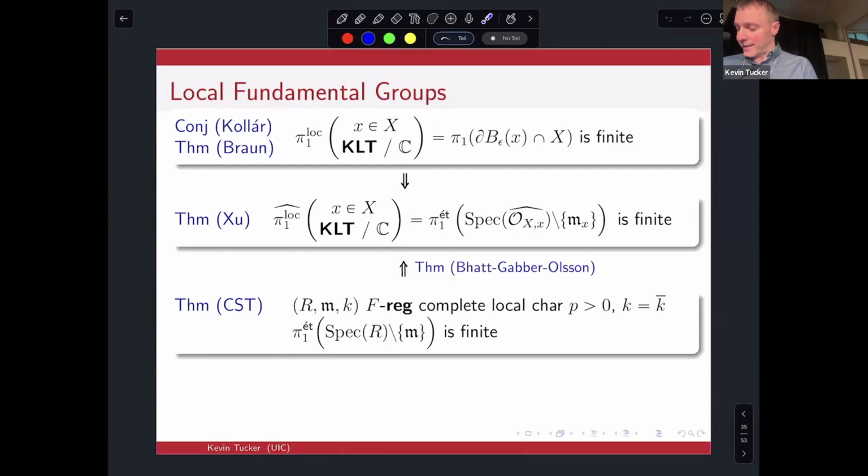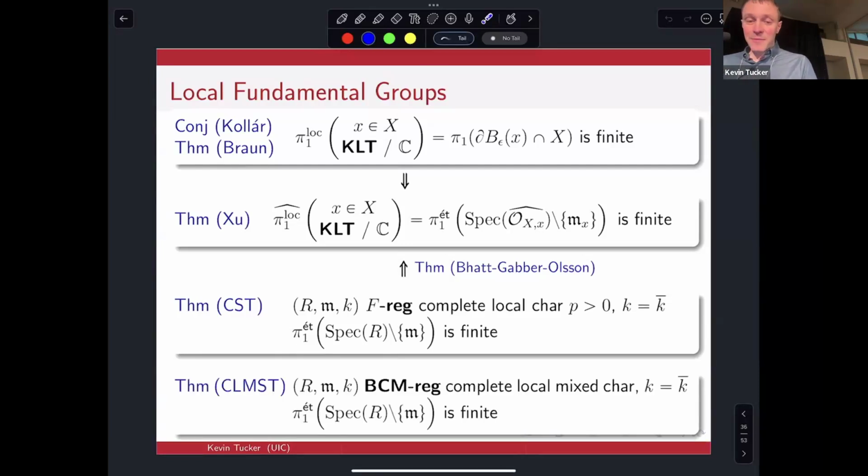And in fact, it was shown by Bhatt, Gabber, and Olsson that the finiteness statements in characteristic p will give Xu's original theorem by reduction mod p. The motivating theorem that I was trying to get to in mixed characteristic is just the statement that this package also works for BCM-regular singularities in mixed characteristic. So if I take a BCM-regular singularity in mixed characteristic, its local étale fundamental group is finite.